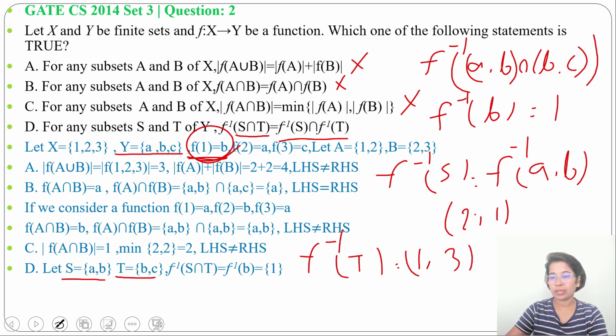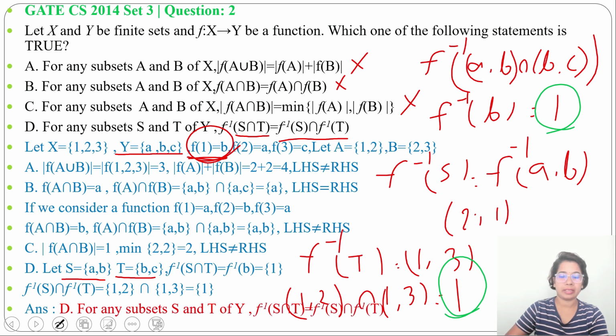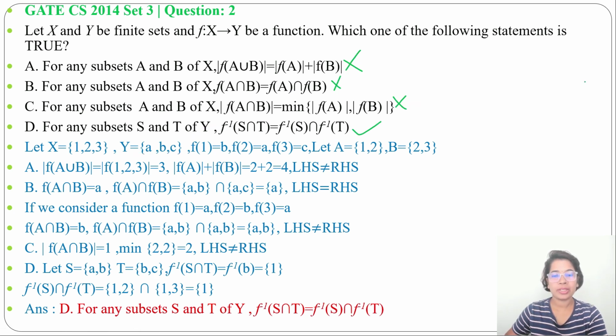Now the intersection of {1, 2} and {1, 3} is 1. So the LHS is 1 and the RHS is also 1. Both are the same. Hence we can say for any subsets S and T of Y, f inverse of (S ∩ T) equals f inverse(S) ∩ f inverse(T). Hence the answer is option D.